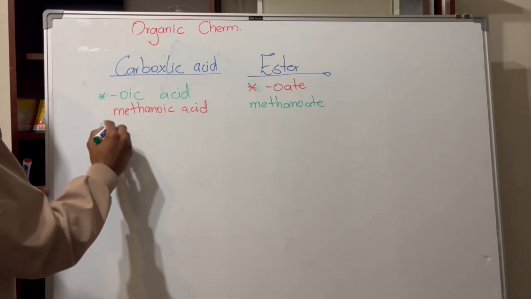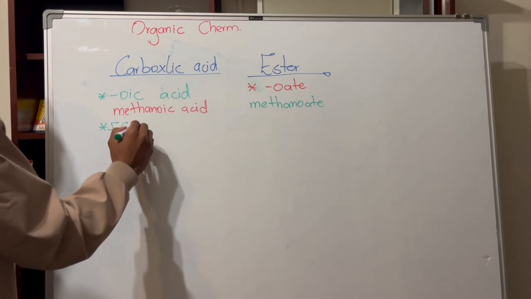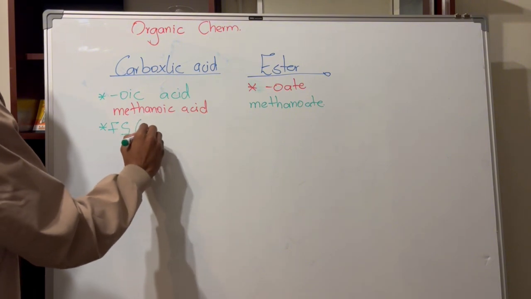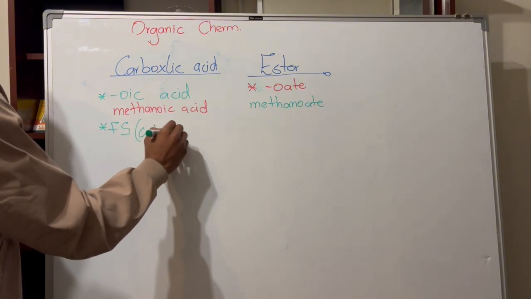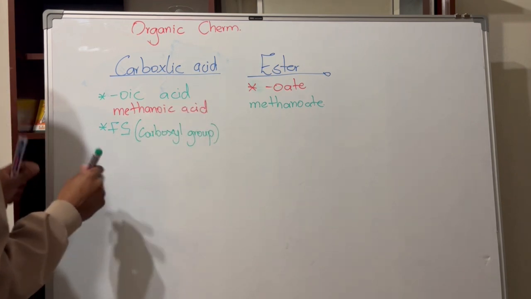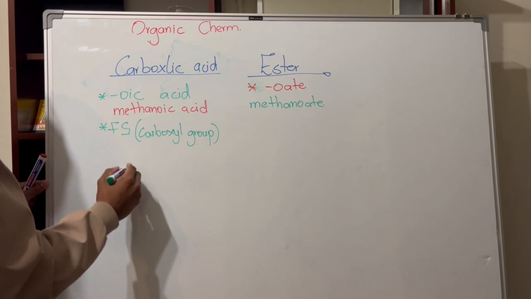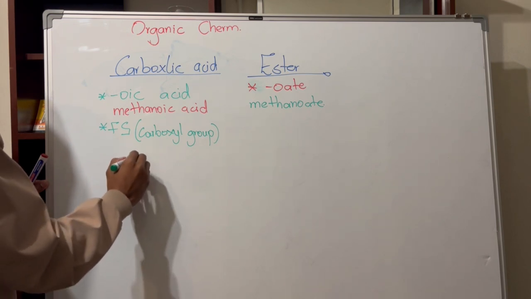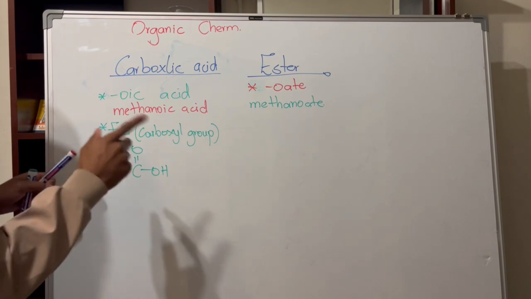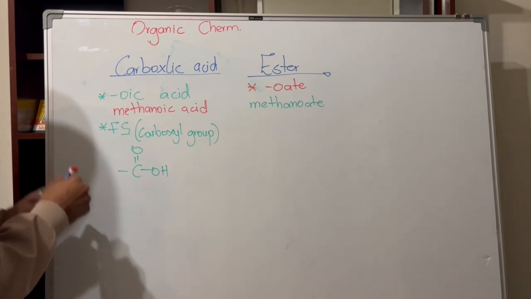Secondly, this one, the functional group here is the carboxyl group, and that carboxyl group is something like this. Fine, let's come here now on the other side.